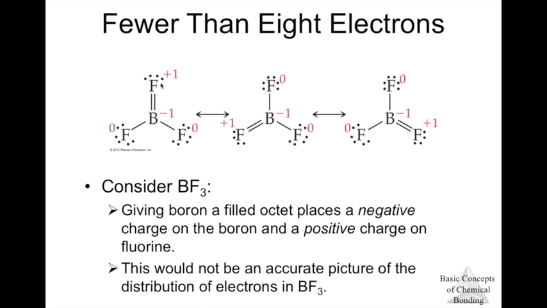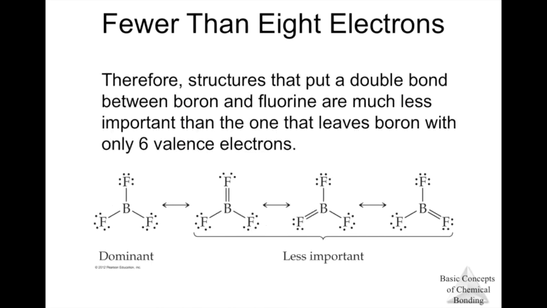That just doesn't make sense. So the structures that put a double bond between boron and fluorine are actually much less important, right? You wouldn't see that as much as this guy here, because this guy is going to give our negative charges to fluorine, which is where you would expect to see them, right?